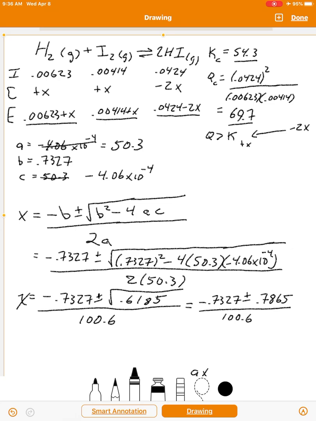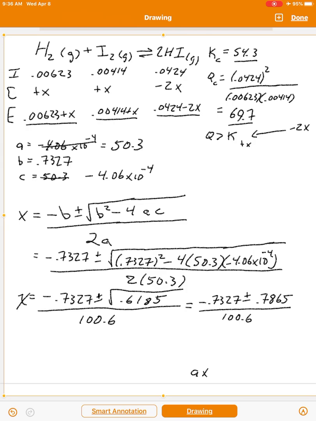Okay. So now the plus or minus means that you're going to do two separate calculations. You're going to do the positive root. So that would be the minus 0.7327 plus 0.7865 over 100.6.